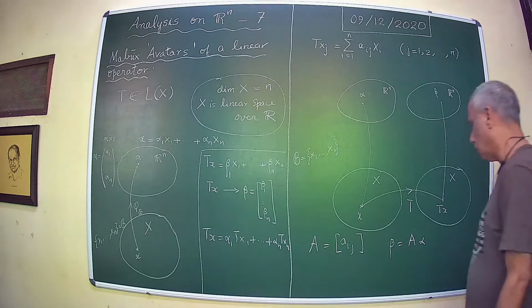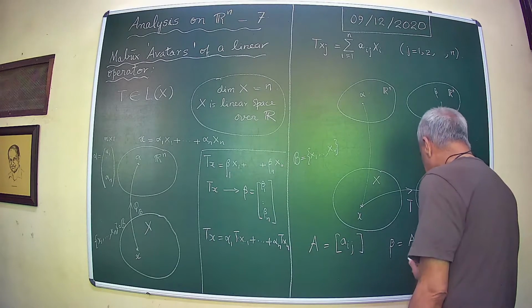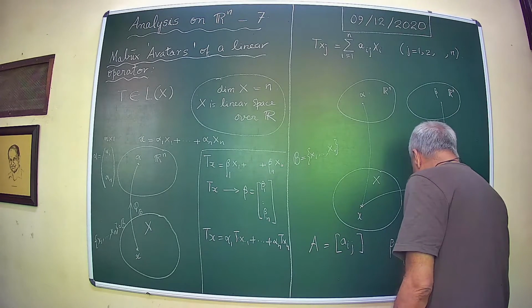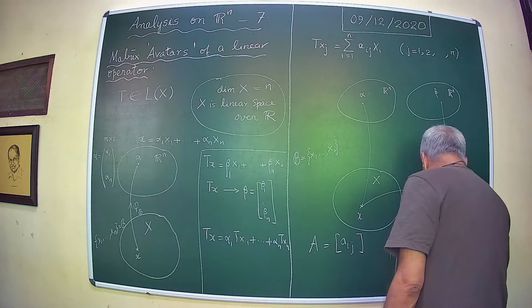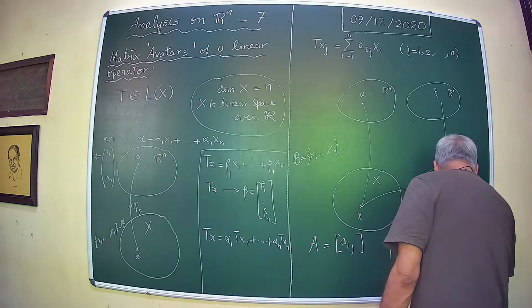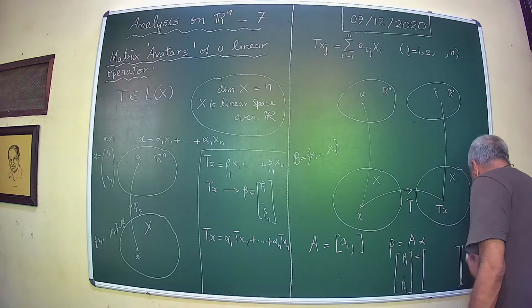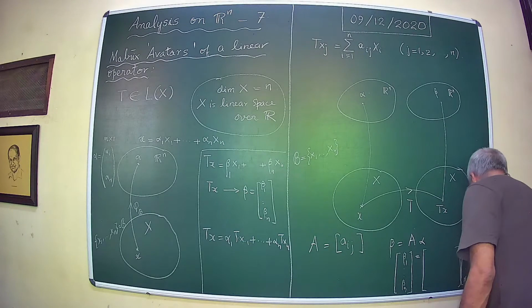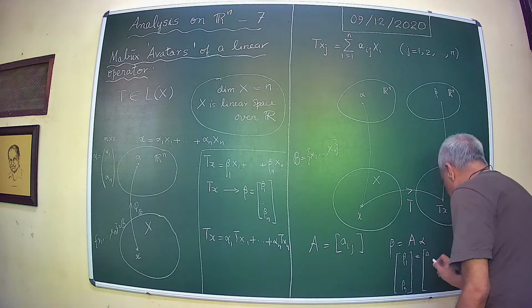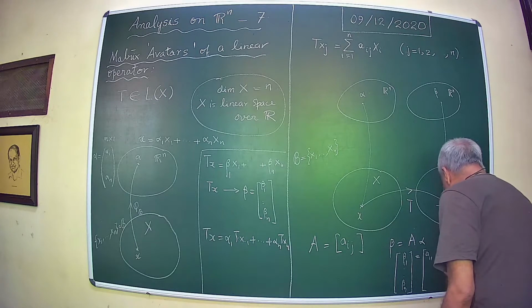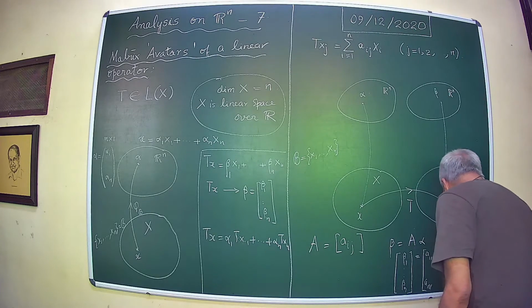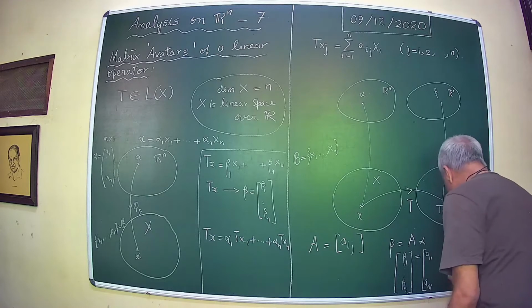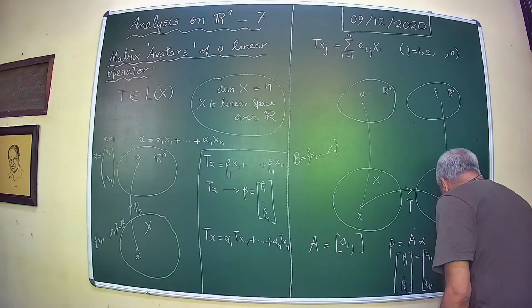Or more explicitly I can write this in this way: the column vector beta 1, beta 2, etc., beta n, as the image of alpha 1, alpha 2, etc., under the multiplication by the matrix A11, A1n, An1. So the typical entry is A_ij.